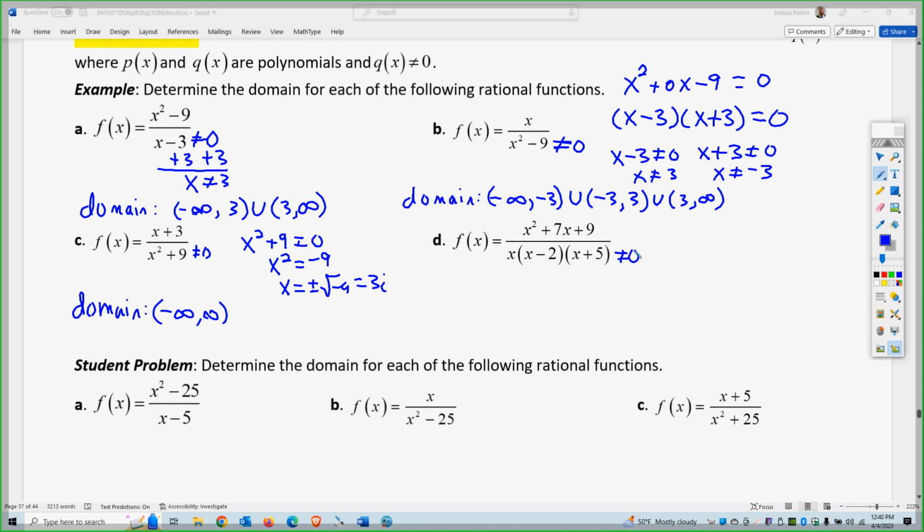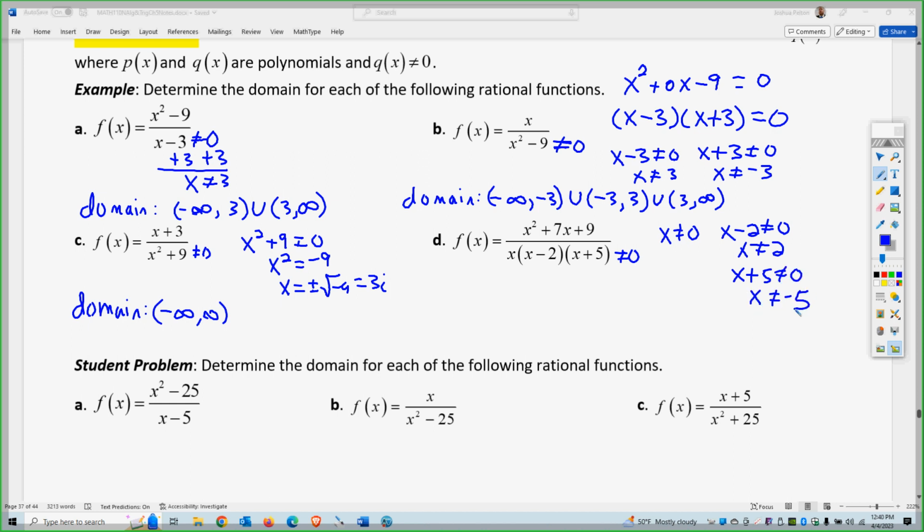Okay, so this one's already factored out for us, which is nice. So that can equal 0. So my domain breaks are at x equals 0, x minus 2 cannot equal 0, so x cannot equal 2. And then x plus 5 cannot equal 0, so x cannot equal negative 5.